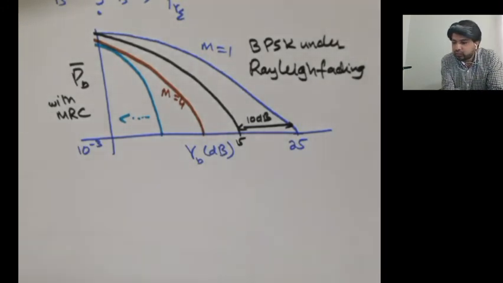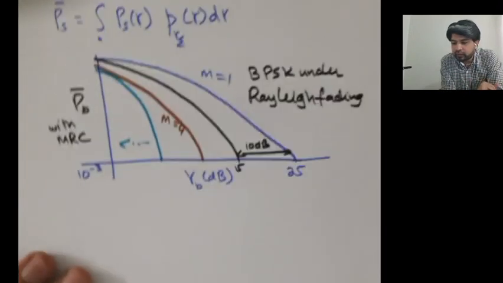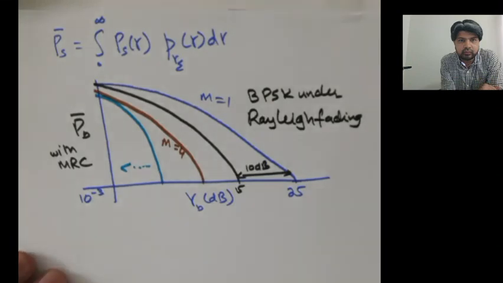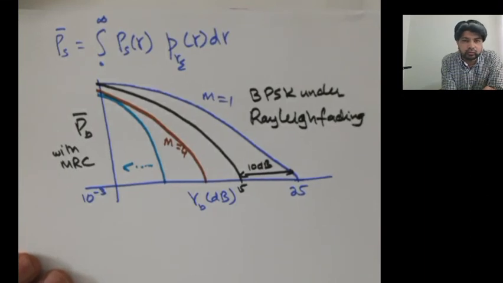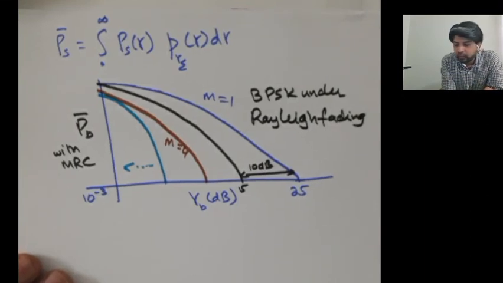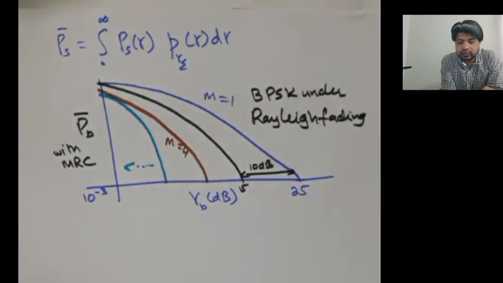But this analysis was rather the computation of PS bar, which we haven't gone through. Even for Rayleigh fading, it gets difficult to compute the average symbol error probability. You get a closed form expression only for BPSK. So now we would make use of the approach we used in the last chapter as well, the moment generating function approach, to compute the average symbol error probability with maximal ratio combining.